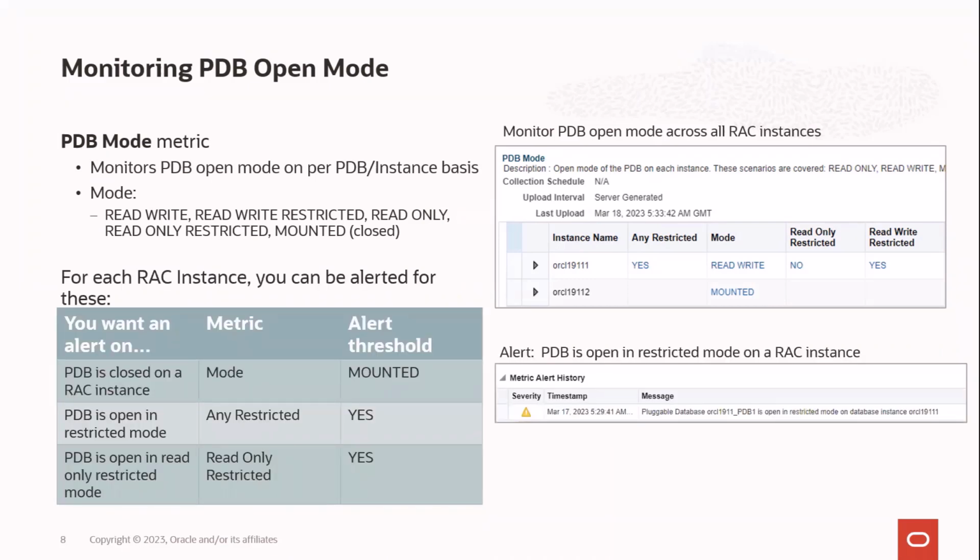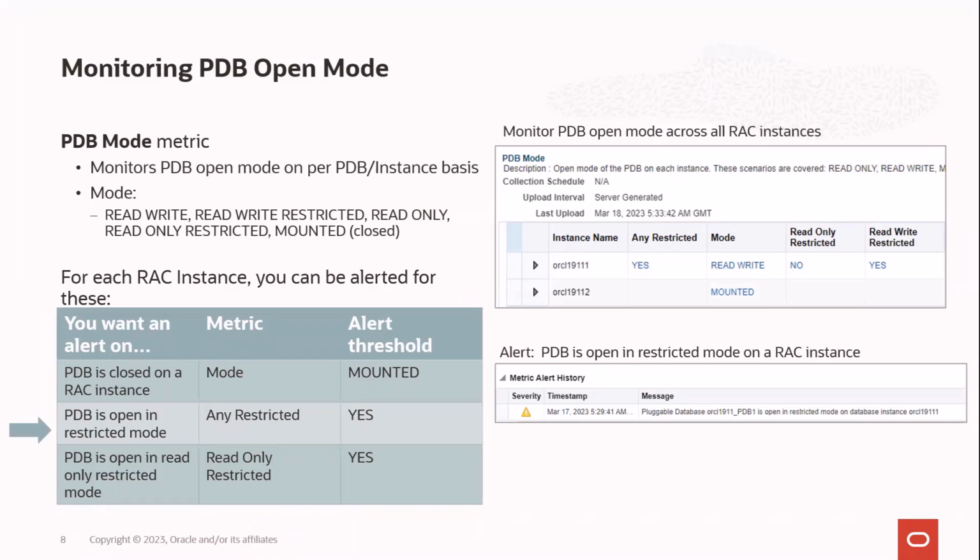This table shows the various alert conditions that you can monitor on PDBs running on each rack instance. If you want to get an alert if the PDB is closed on a specific rack instance, set the threshold of the mode metric to mounted.